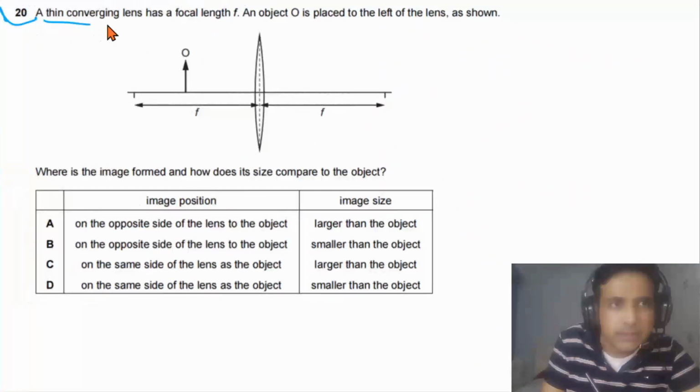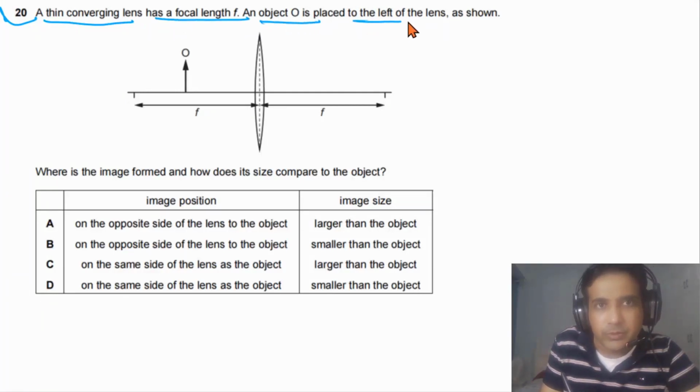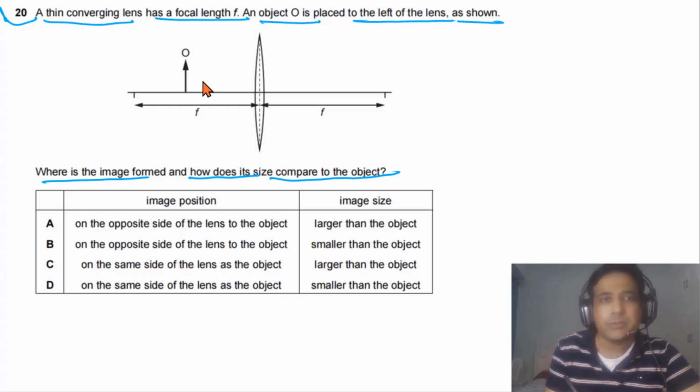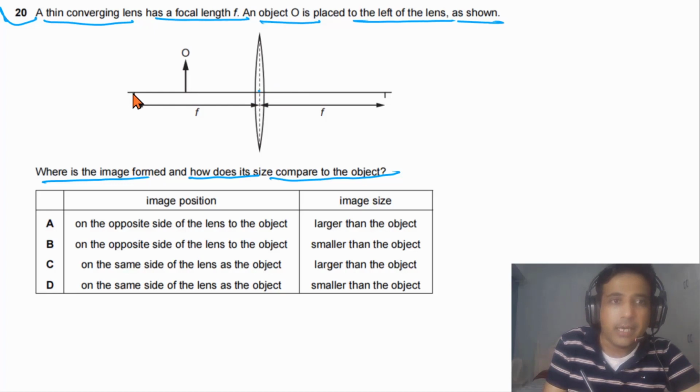Question 20 says a thin converging lens has a focal length f. An object O is placed to the left of the lens as shown in the figure. Where is the image formed and how does its size compare to the object? So the first thing we need to understand is that the object is placed between the lens and the focal length.